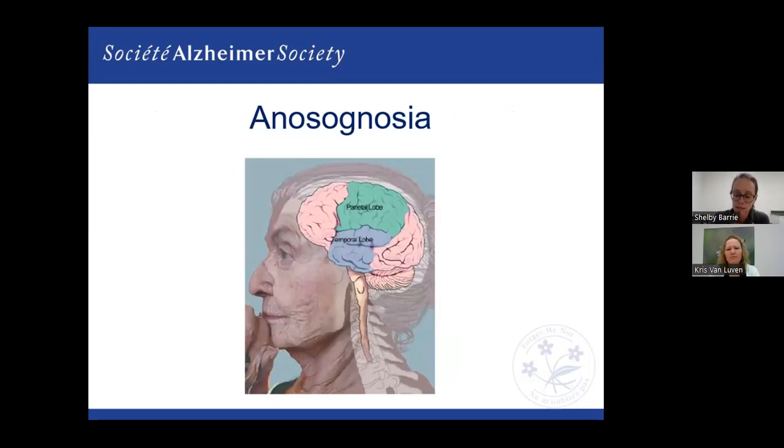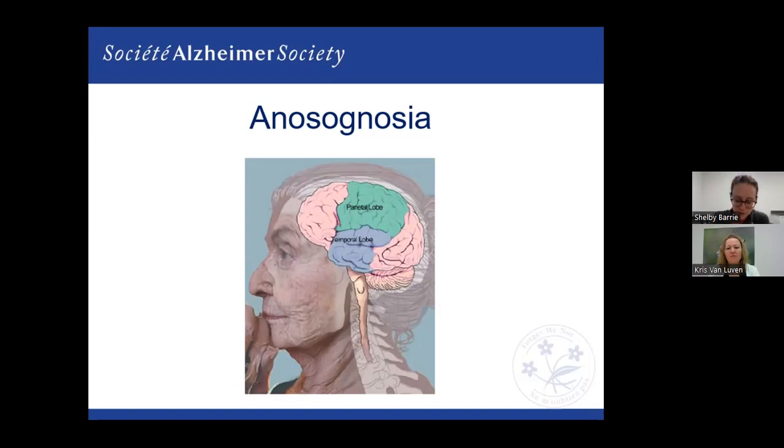So in short, the difference between anosognosia and denial is that anosognosia is caused by physical damage or physical changes to the brain. So it's therefore anatomical and physical in origin. Denial, on the other hand, is more psychological in origin.